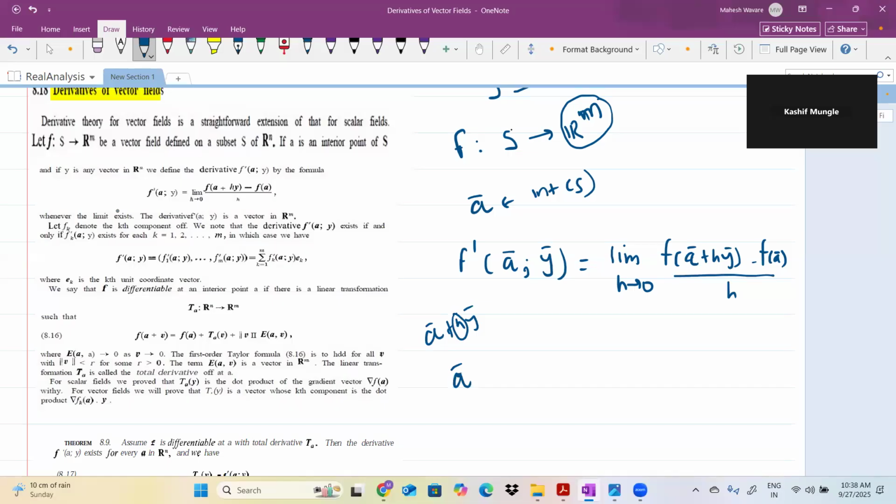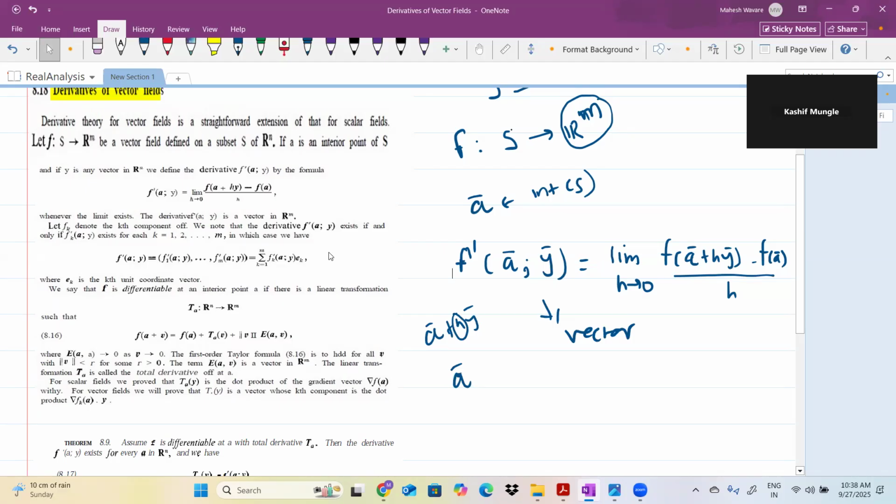If that limit exists, then it is called the derivative of f, and it is a vector. If f is a scalar field, then it is a scalar. So the derivative of f at the point a bar in the direction of y bar is the meaning of this. This is the definition of derivative which we have mentioned here.